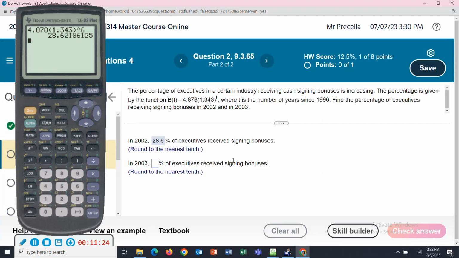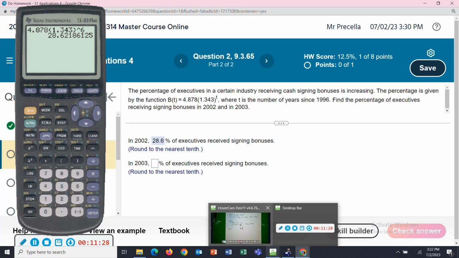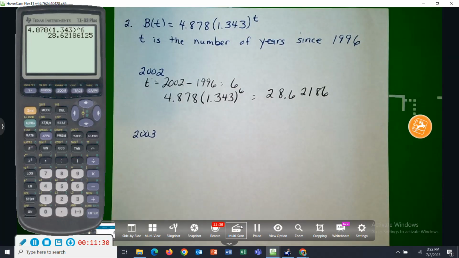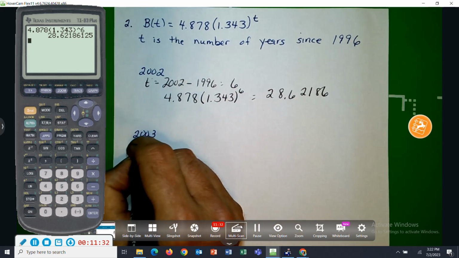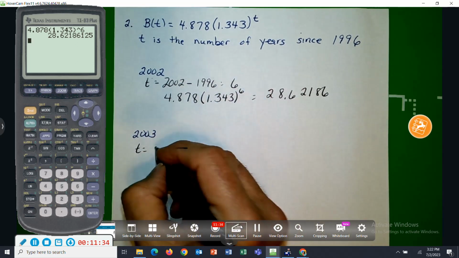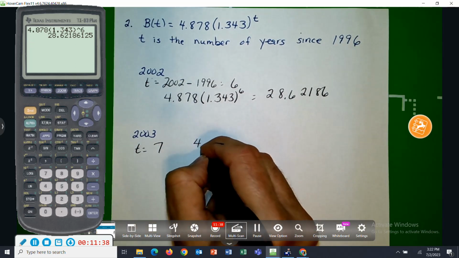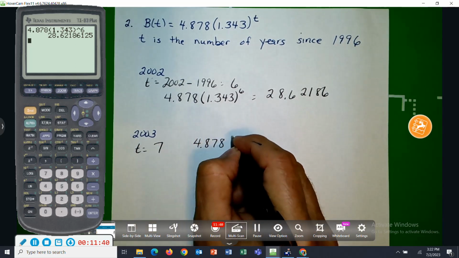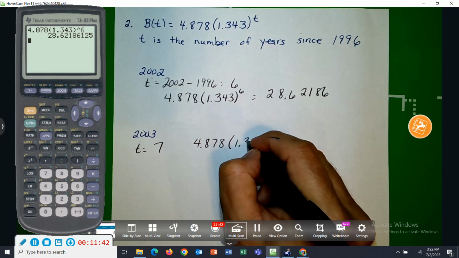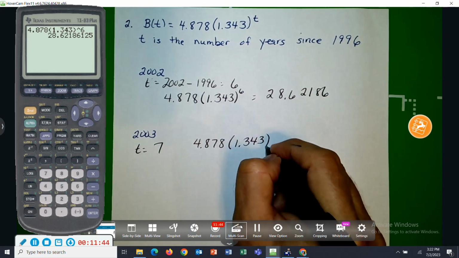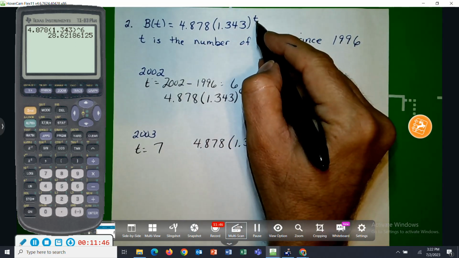Next part of the question. In 2003, t would just be 7. So 4.878 times 1.343 to the 7th power.